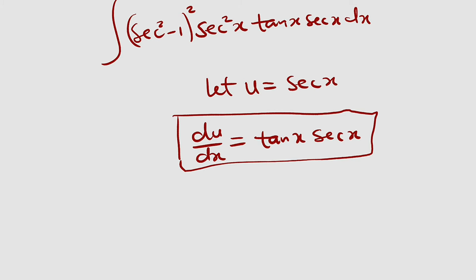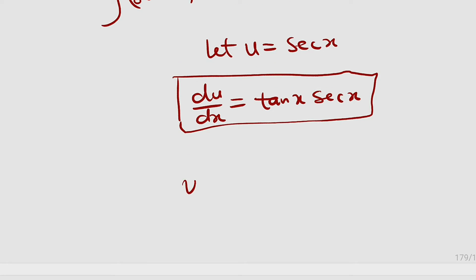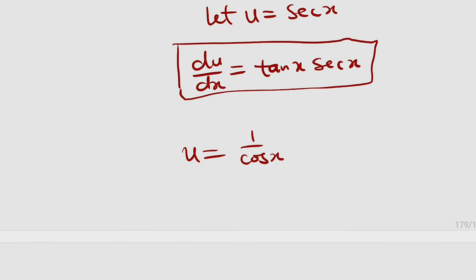Secant x is the same thing as 1 over cosine x, right? So we can write u equal to 1 over cosine x. To find the derivative of this, we are going to apply the quotient rule. Therefore, du over dx is equal to: you take the bottom, which is cosine x, and multiply by the derivative of the top.